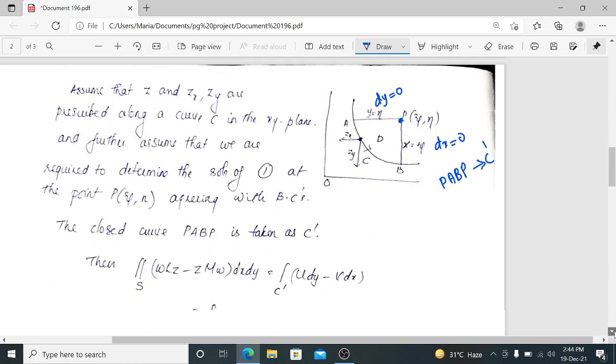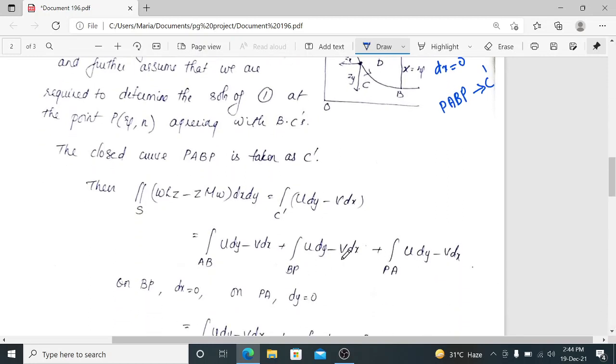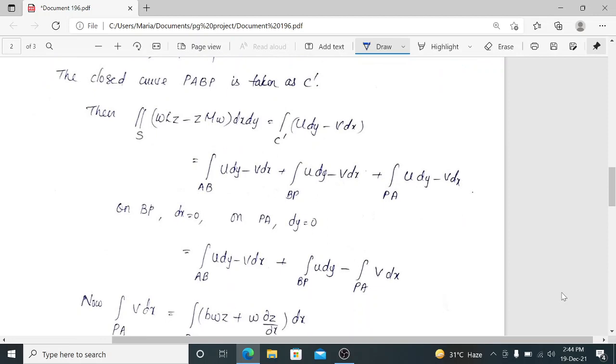So let me substitute those values into the line integrals. Then one term inside becomes 0. So along BP dx will be 0, and along PA dy will be equal to 0. So the line integral will simplify in the form integral AB u dy minus v dx plus integral BP u dy minus integral PA v dx.